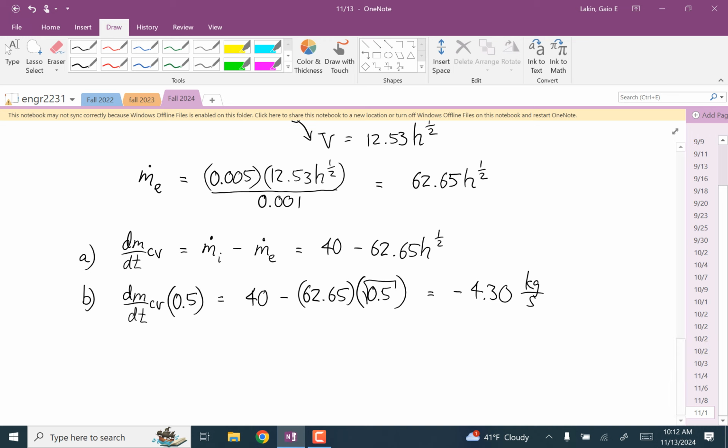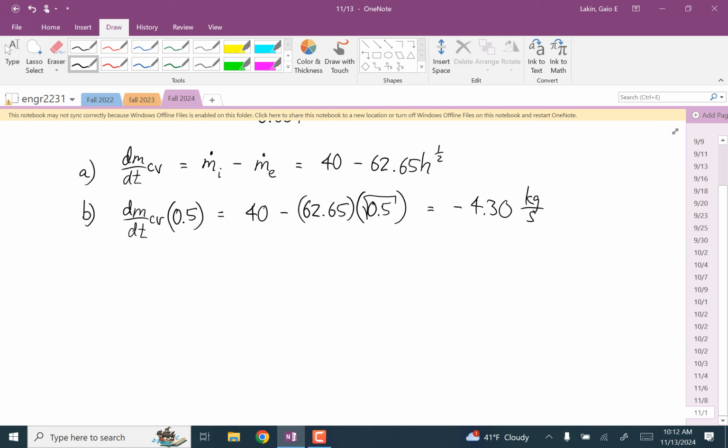All right. So now we're going into the last pretty short topic for the second law of thermodynamics. And that is the second law for control volumes.